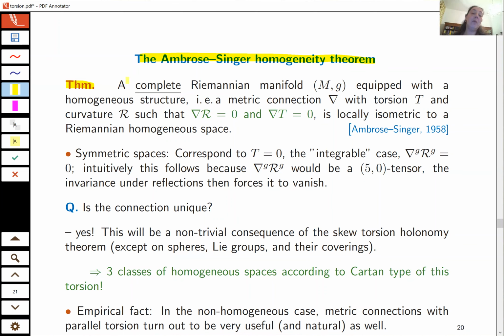Assume you have a complete Riemannian manifold (M,g) equipped with what is called a homogeneous structure. By definition, a homogeneous structure is a metric connection nabla with some torsion T and curvature R such that the curvature and the torsion are parallel. So this is the first defining condition.